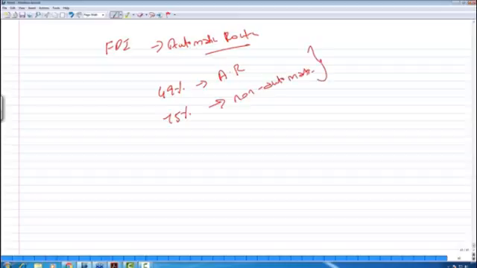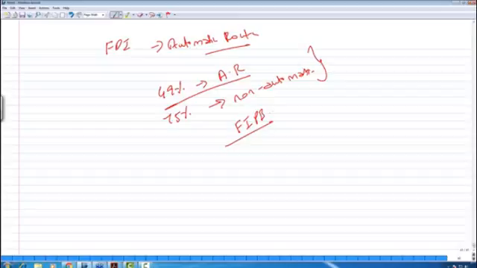All this means is that till 49% no permission is required, the FDI will be automatically approved. But beyond 49%, it has to go via FIPB, which is the body which will regulate all FDI, and FIPB has to give approval before the FDI is allowed to come inside India.